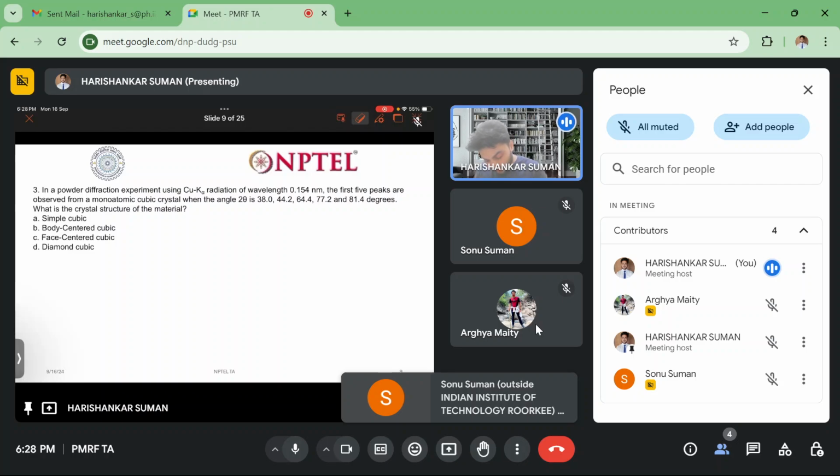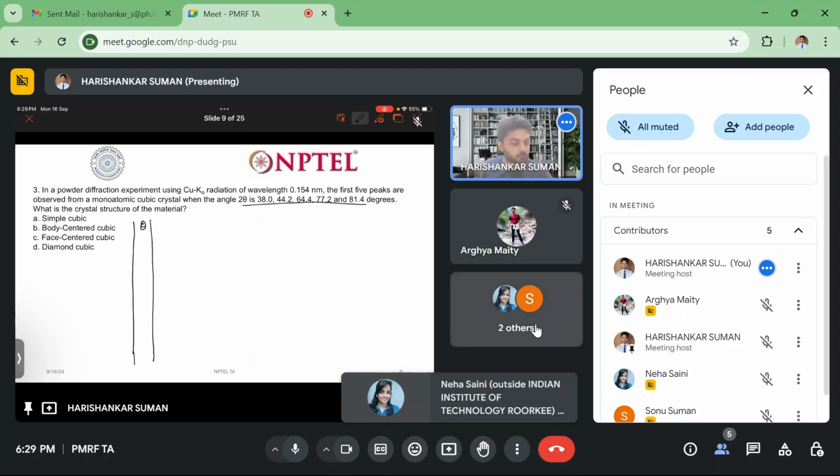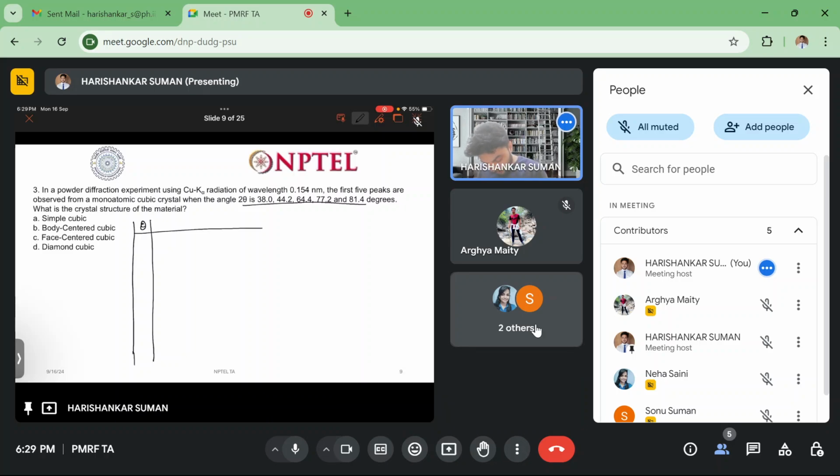So these 2 theta values are given. Let me find theta, then sine square theta, then sine square theta divided by sine square theta minimum.